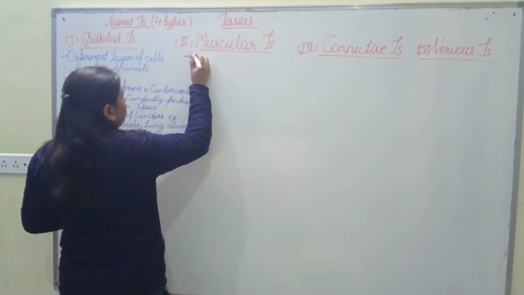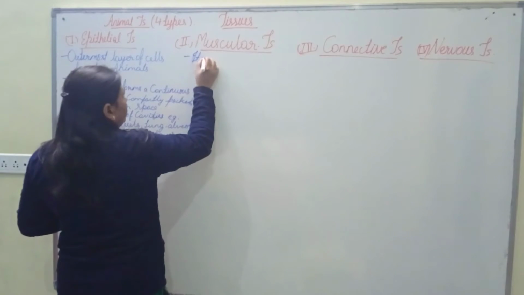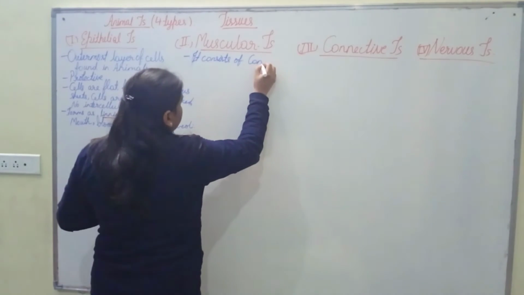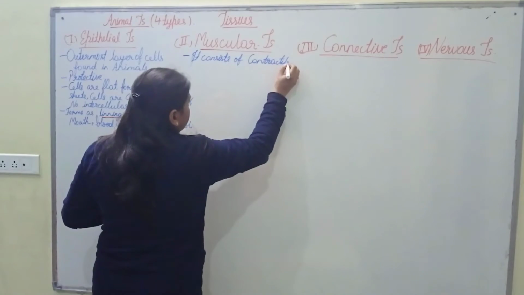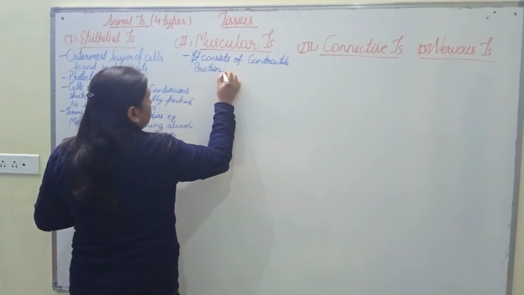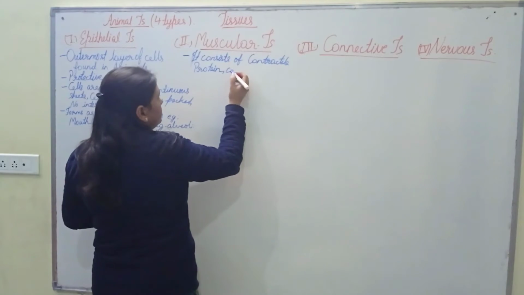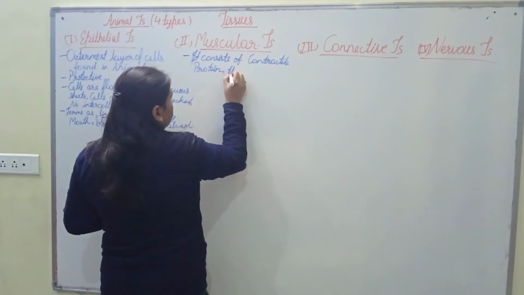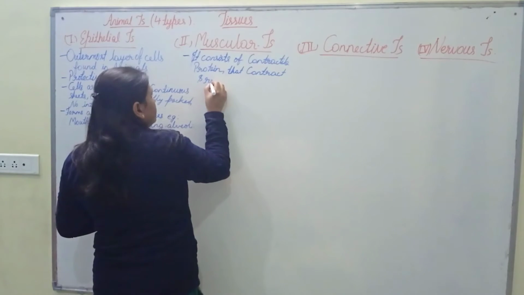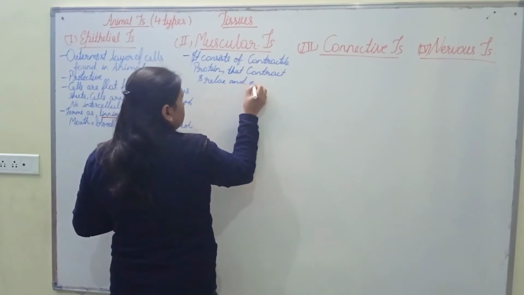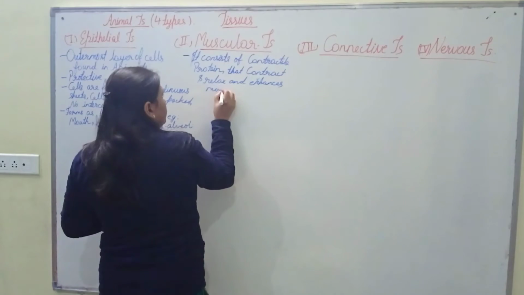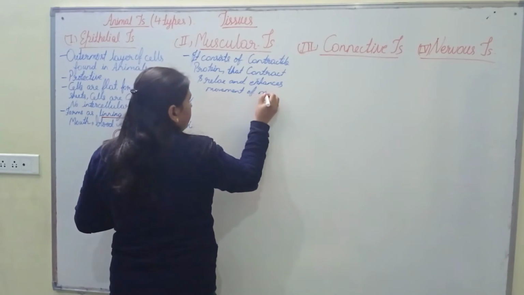Muscular tissue consists of contractile proteins, and these contractile proteins contract and relax and enhance the movement of muscles in our body.